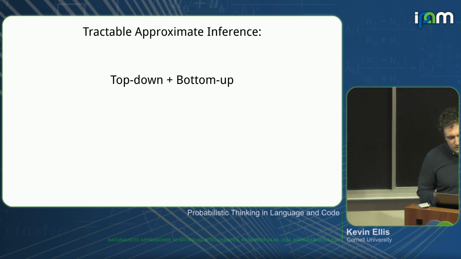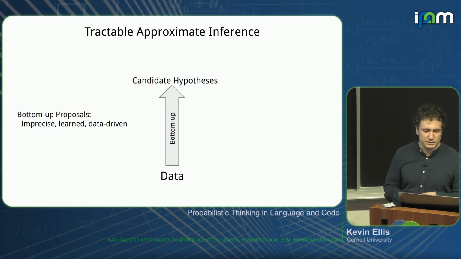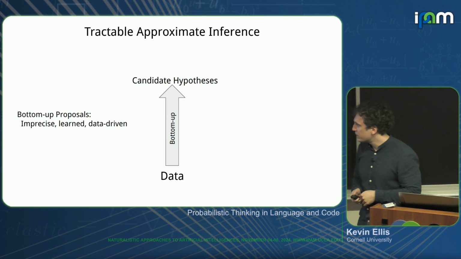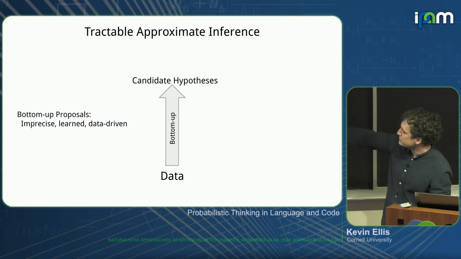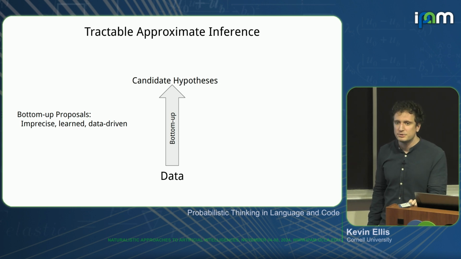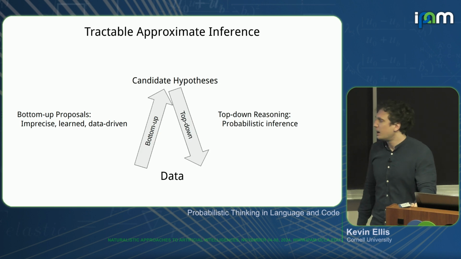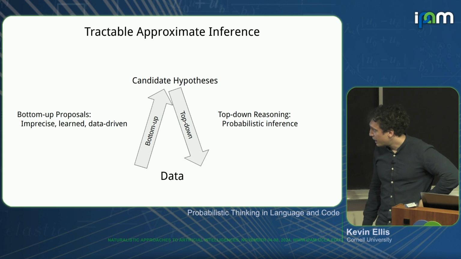So to do this, we're going to have a kind of top-down and bottom-up process, where in the bottom-up process, there's going to be some imprecise, learned, data-driven pattern recognition engine that conjectures a variety of different hypotheses. And it's OK if a lot of these are wrong, because there's going to be a top-down process, which is going to reassess whether those actually fit the data, and also whether they're actually short, simple, a priori likely explanations.